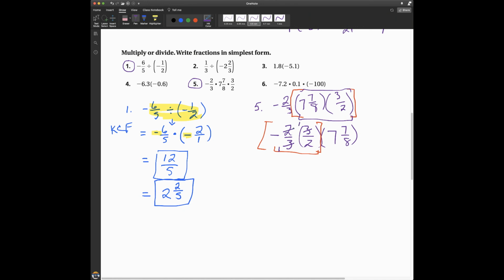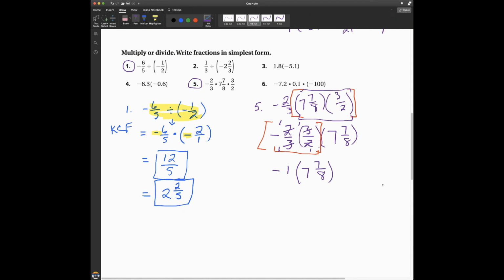And over here, this 2 in the numerator and this 2 in the denominator cancel. And I have a negative number times a positive. So different signs means that this is going to be a negative answer. And what's it going to be? You are correct. That's -1 times 7 and 7/8.